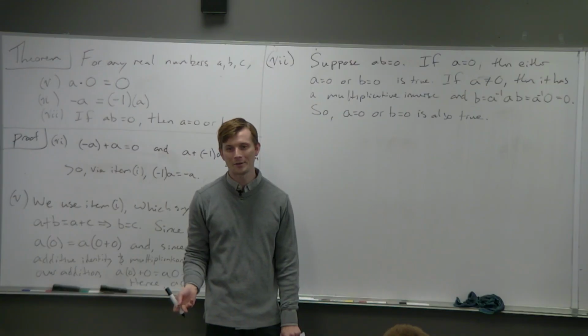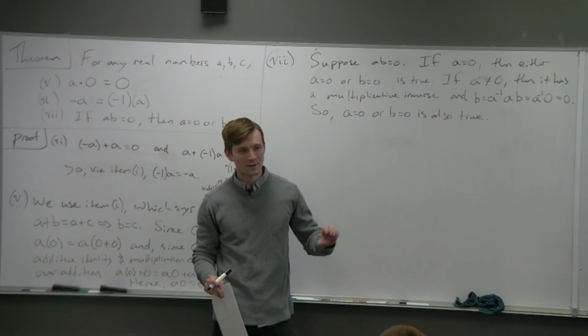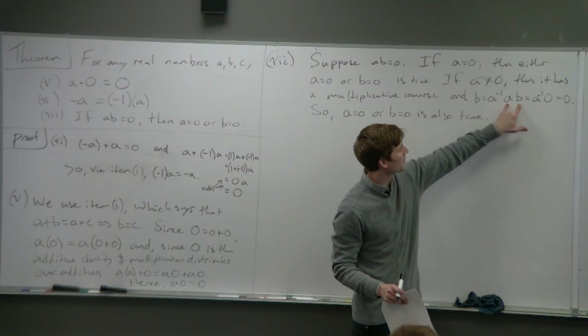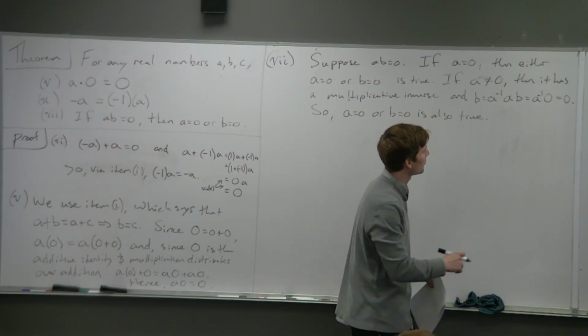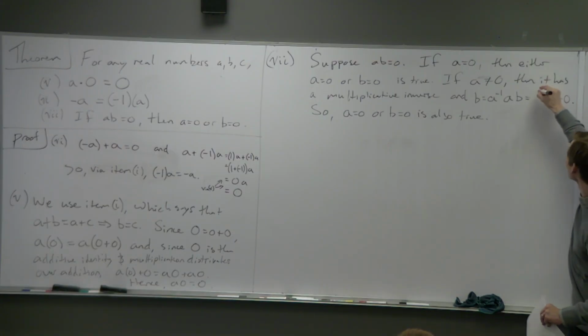That is, we've broken it into two cases. Either a is 0 or a is not 0, right? If a is 0, then certainly either a equals 0 or b equals 0. If a is not equal to 0, multiply both sides by the multiplicative inverse of a, and then using item 5, we get that, oh sorry, this should be b, not a inverse, oops.